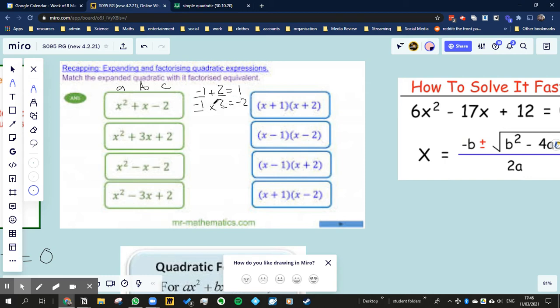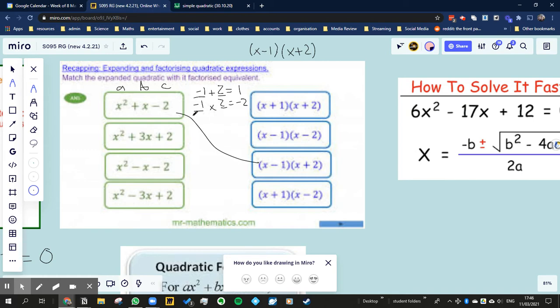So that means that the solution to the problem, without even looking at the right-hand side, is going to be x minus 1 multiplied by x plus 2. And that is here. So that means that one goes there.